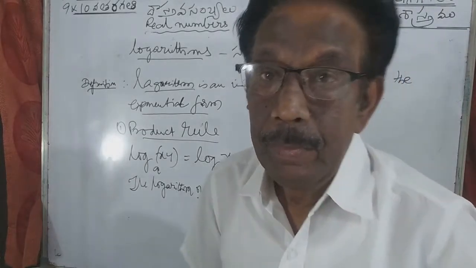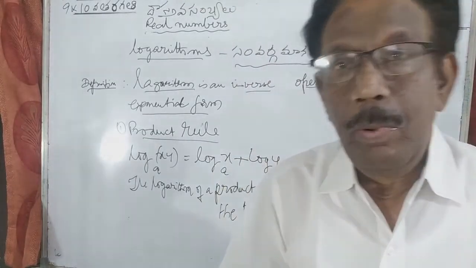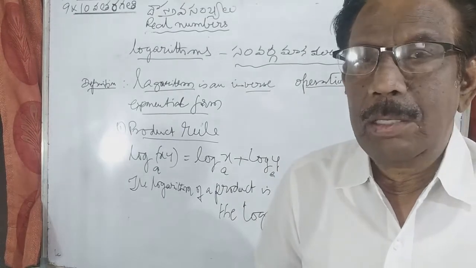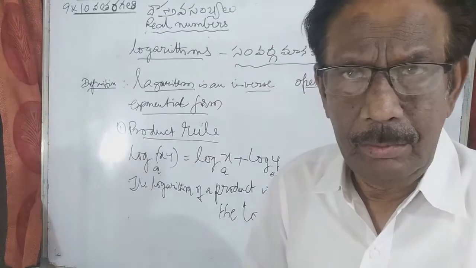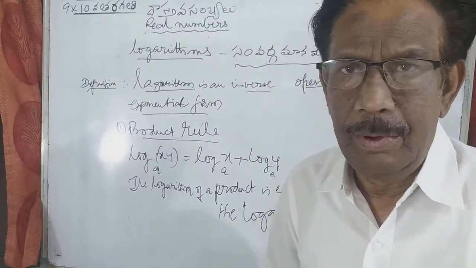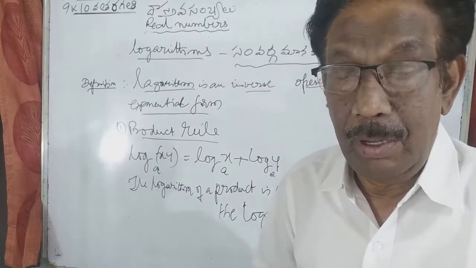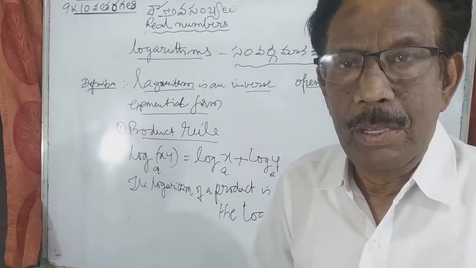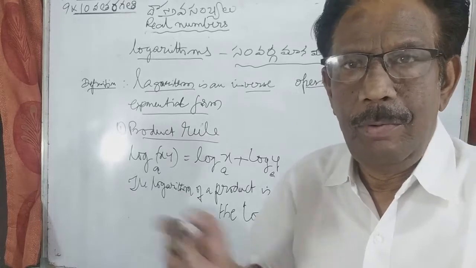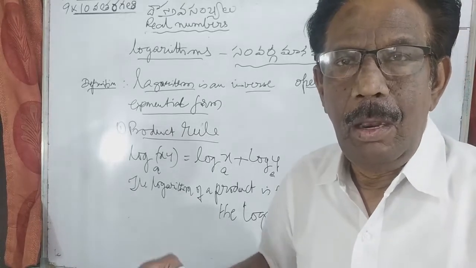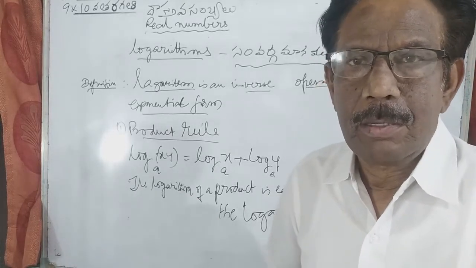Suppose you have 50, log of 5 into 10, you can write it in the form log 5 into 10 to base x, which is log 5 to base x plus log 10 to base x.